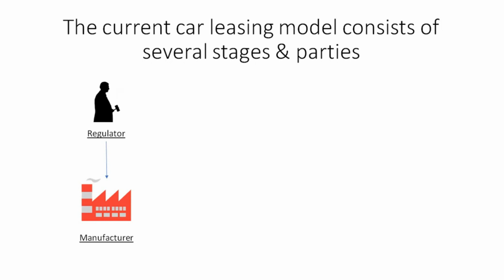This would start when, of course, the manufacturer applied for that particular license or that allowance and got that license to get that design manufactured. Then, once the manufacturer has the allowance, they will then manufacture the car and then sell it to the leasing company.